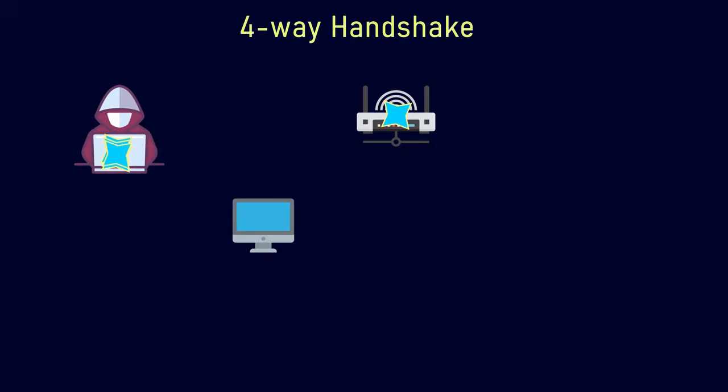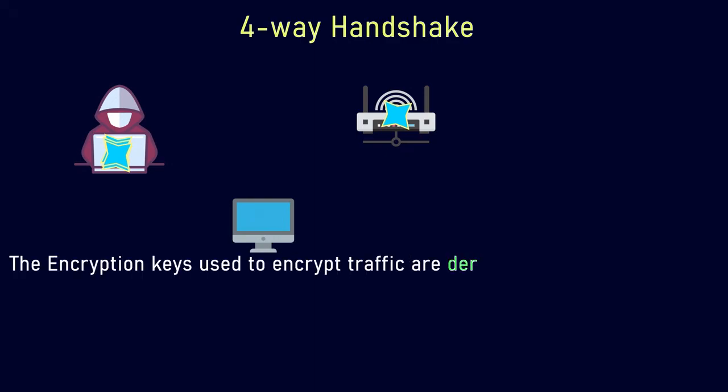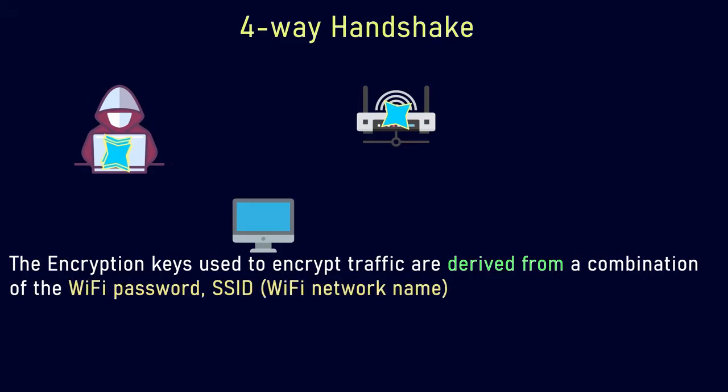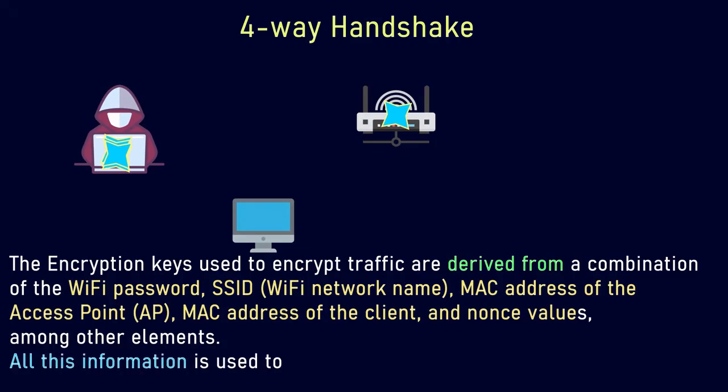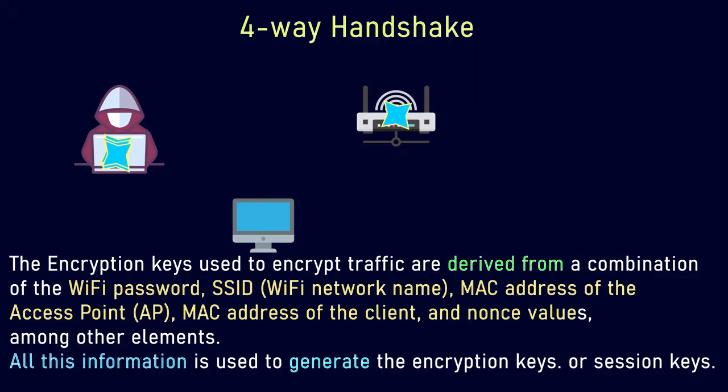The encryption keys used to encrypt traffic are derived from a combination of Wi-Fi password, SSID, MAC address of the access point, MAC address of the client, and nonce values among other elements. All this information is used to generate the encryption keys or session keys.